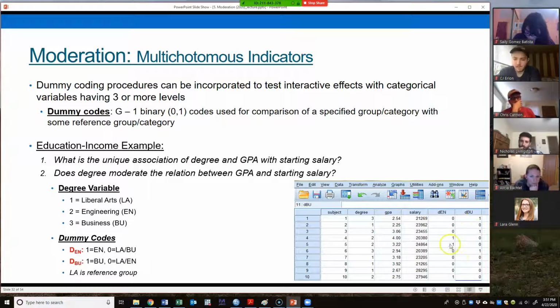For my dummy for business, if you have a business degree, you get a 1, everybody else gets 0s, okay? And then liberal arts is my reference group for this analysis. With the strategy that I've used, everything gets compared to those individuals with a liberal arts degree. People see how I set this dummy code up?